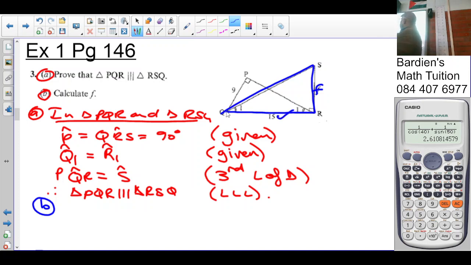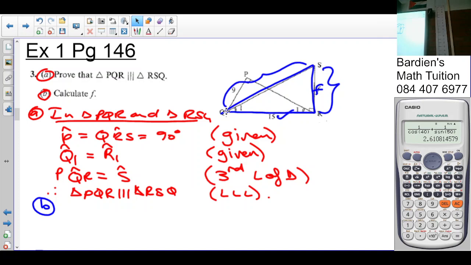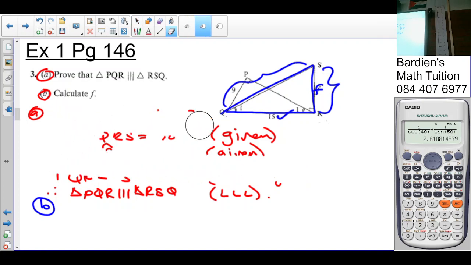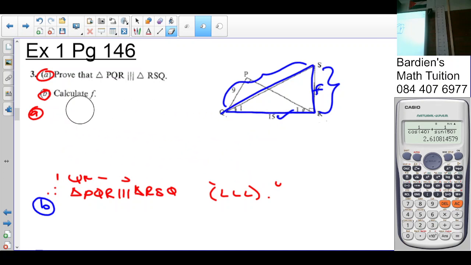Where's the other one? F is unknown. That's what we're going to calculate. Oh, the QR, we don't have QS. So we're going to go with the ratios of this here. So just take this off here. I don't want to move away from the diagram.